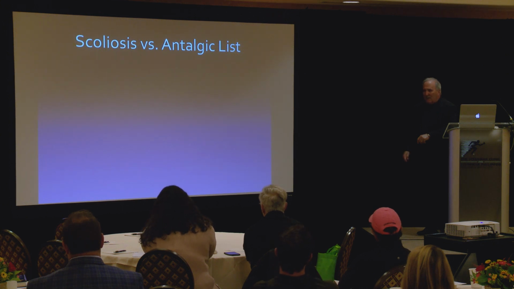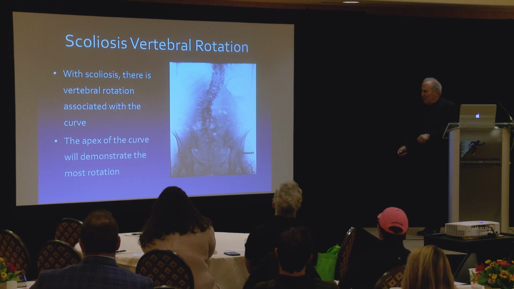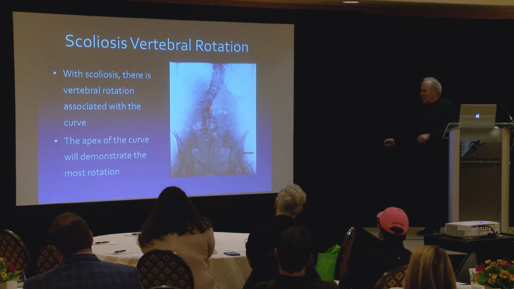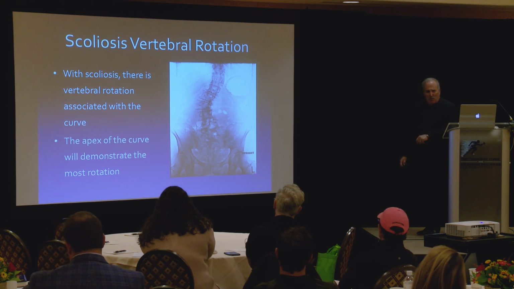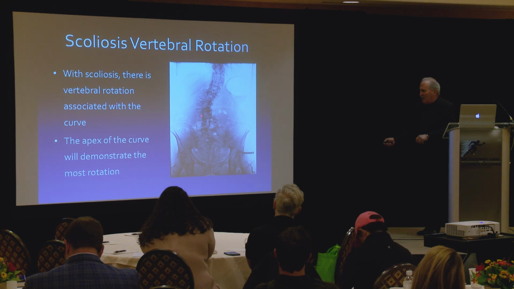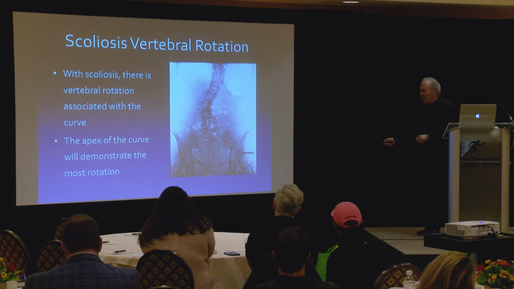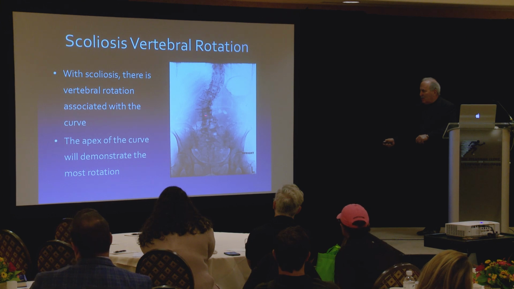So now differentiate scoliosis from antalgic positioning. So if you see this, is that scoliosis or antalgia? Why? Because of rotation. Well, first of all, the whole spine, unfortunately, is falling apart. Look at L4 and L5. The whole thing is shifted over. That's a rotational change.